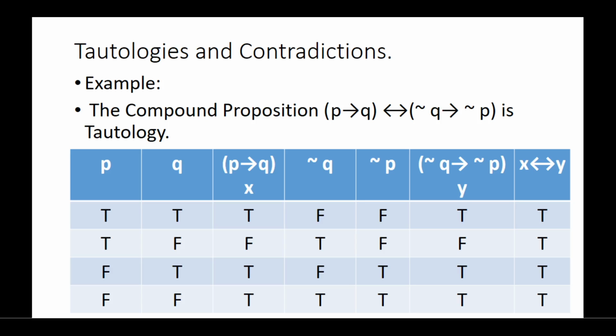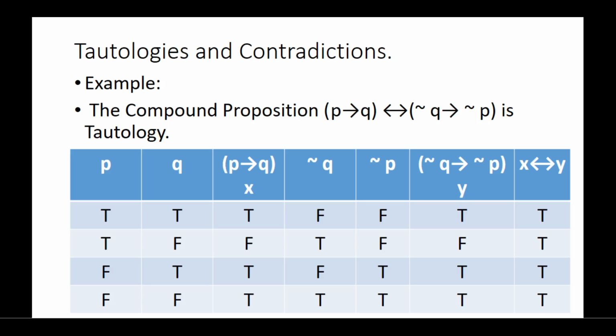Next, P is false, Q is true. P implies Q is true because it is conditional. Negation of Q is false, negation of P is true. Negation of Q implies negation of P is false implies true, which is true. And X double implication Y, true and true, is true.